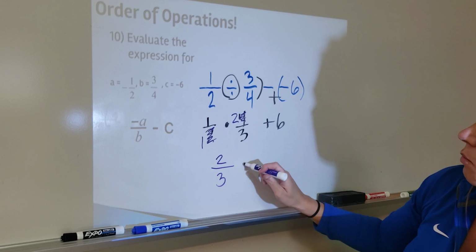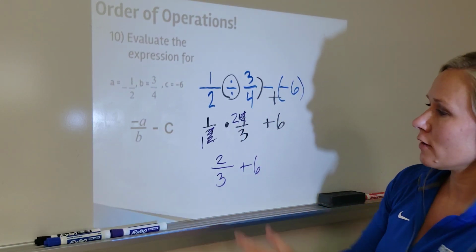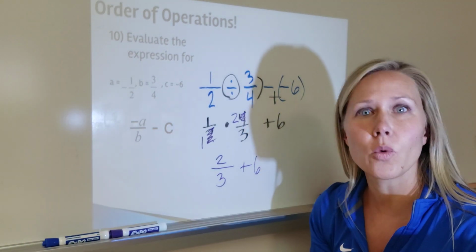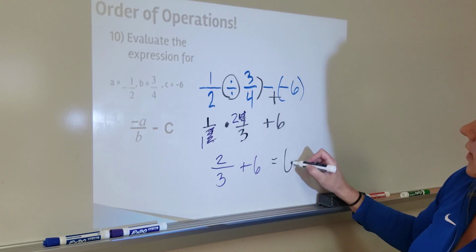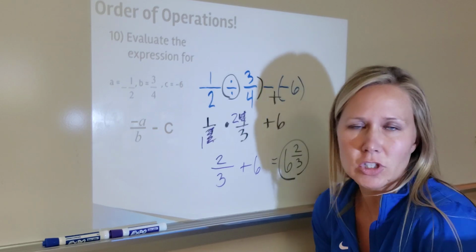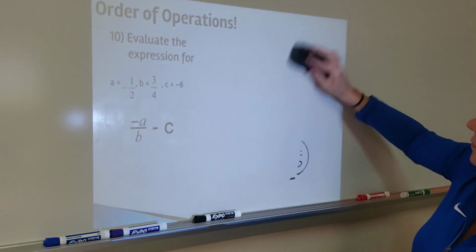Multiply straight across, plus 6. Now don't overthink this. Imagine if you had 2/3 cup of flour and you added 6 more cups of flour. Wouldn't you end up with 6 and 2/3 cup of flour? Yeah. So 6 and 2/3. You don't need to overthink it and find common denominators. You'll just get an improper fraction. So that's what you'd end up with.